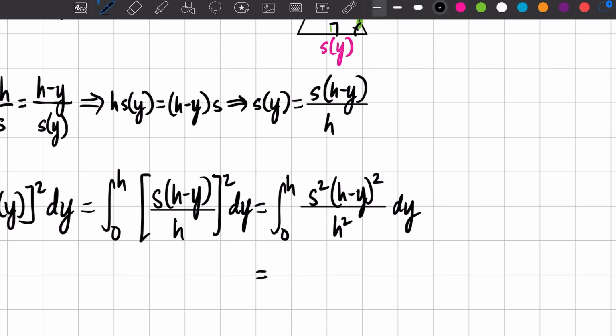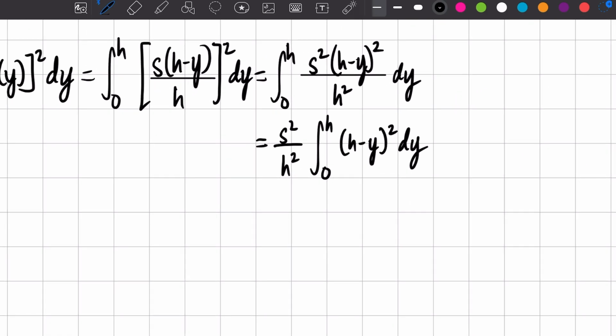So we can bring them outside. You have s squared over h squared multiplied by the integral from 0 to h of h minus y squared dy. Okay?